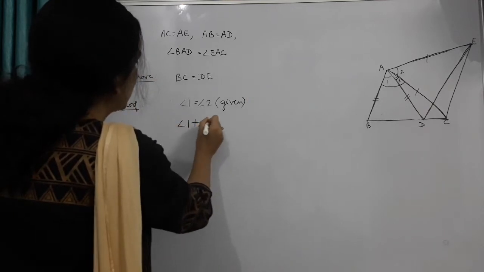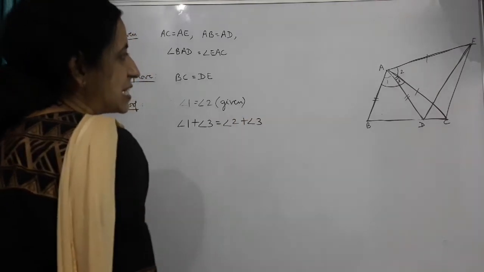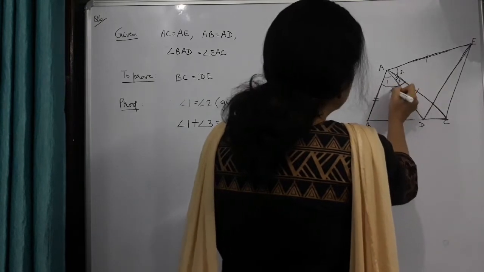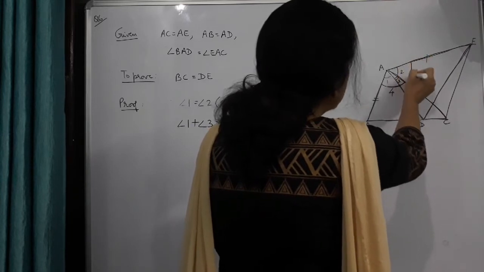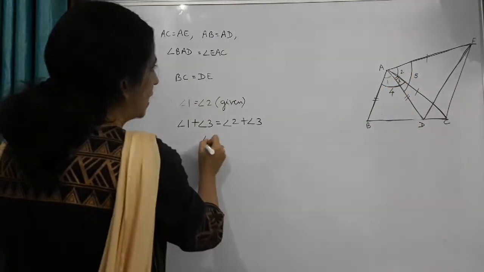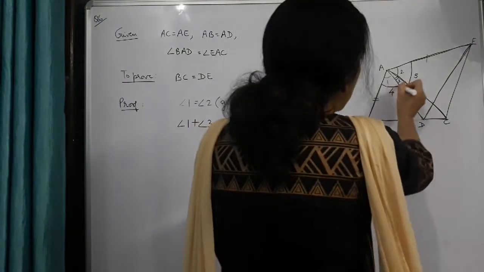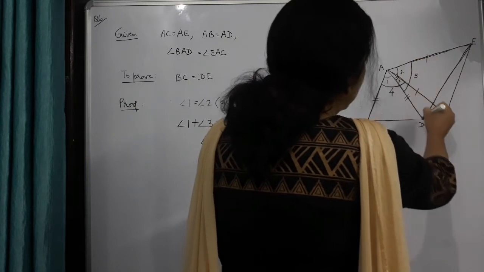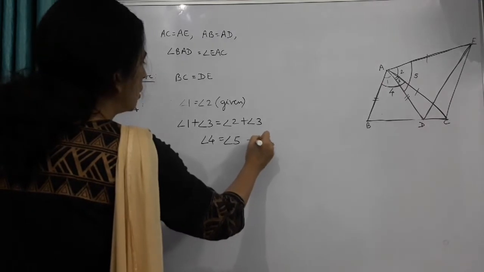So angle 1 plus angle 3 would be equal to angle 2 plus angle 3. From the figure we can see that angle 1 plus angle 3 is this angle. We name it as angle 4. Angle 2 plus angle 3 is this angle. We name it as angle 5. Now angle 4 is the complete angle of triangle ABC, and angle 5 is the complete angle of triangle ADE. So let this be equation number 1.